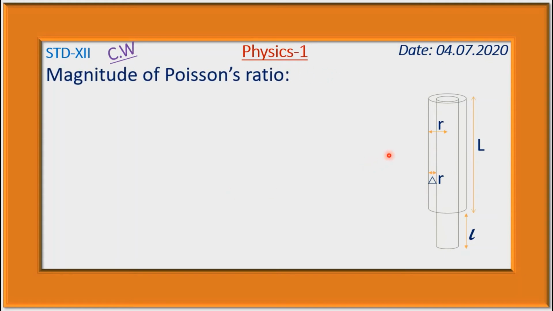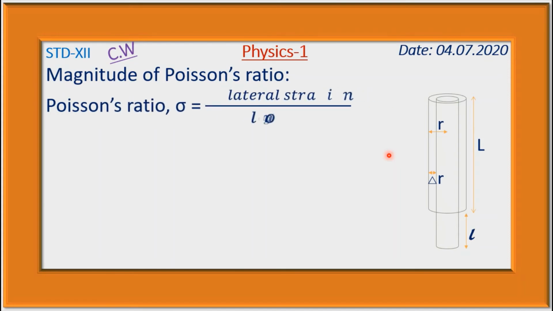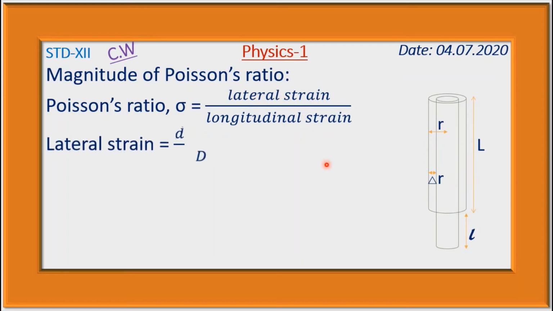Magnitude of Poisson's ratio. Poisson's ratio sigma is equal to lateral strain divided by longitudinal strain. Here the change in length is the longitudinal strain and the change in diameter is the lateral strain. So lateral strain is equal to small d divided by capital D. Small d is the decrease in diameter and capital D is the initial diameter.